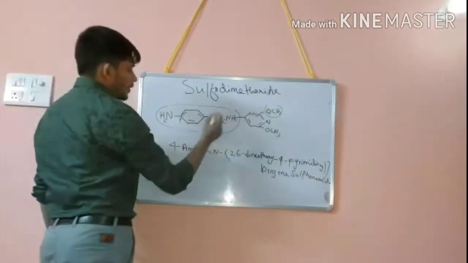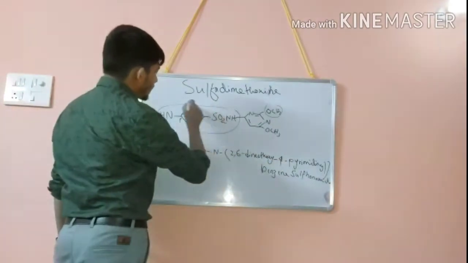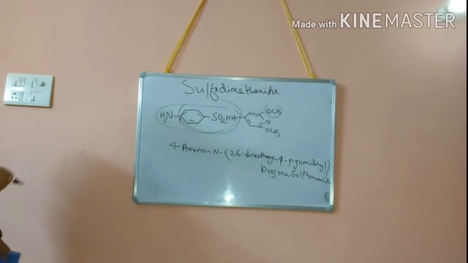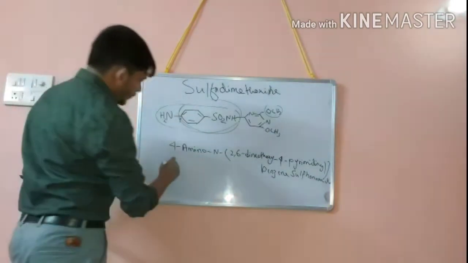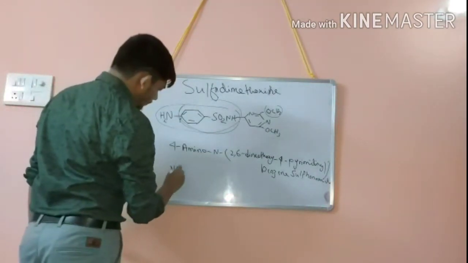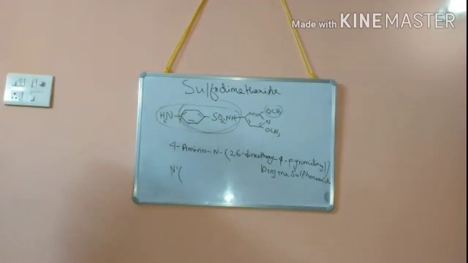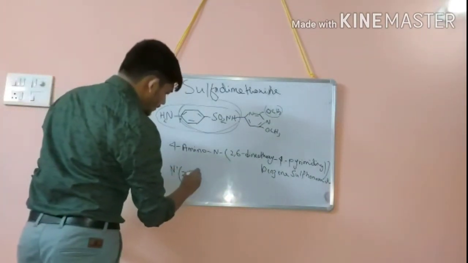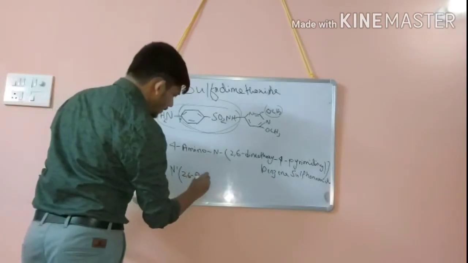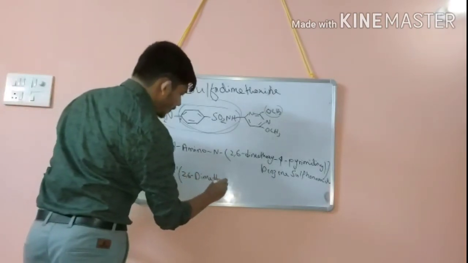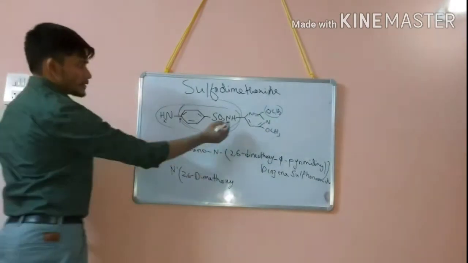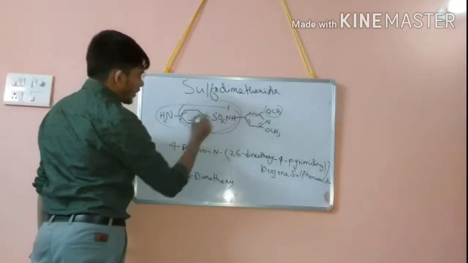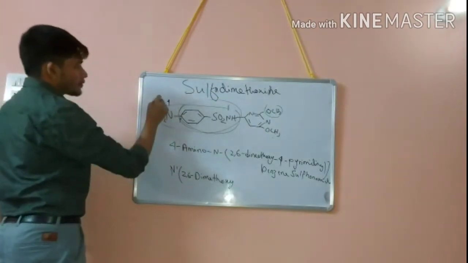So here we have stopped the name as benzene sulfonamide. Another way, can we write? We write N1, then 2,6 dimethoxy. So we know this N in the sulfonamide will be the N1 and this is the 4th N, N4.